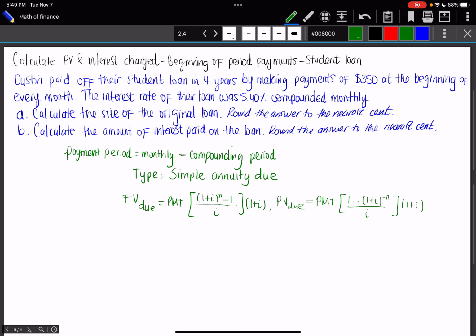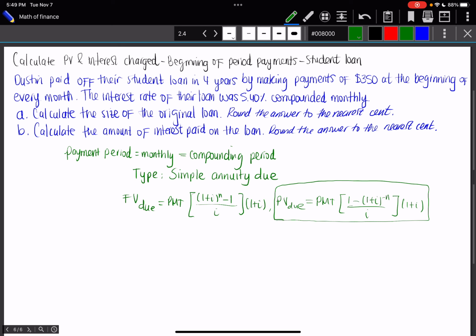Now, in part A of this problem, we need to calculate the size of the original loan. The size of the original loan corresponds to the present value of the annuity.